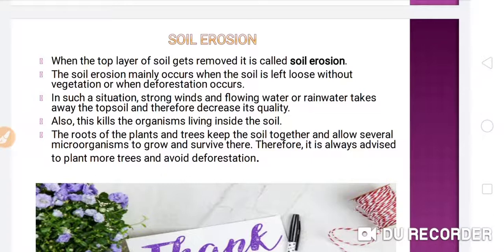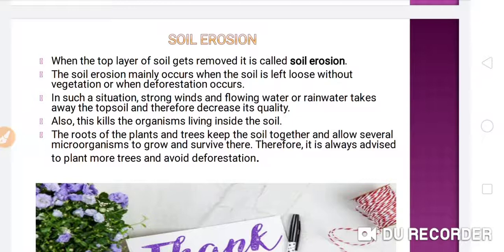In such a situation, strong winds and flowing water or rainwater take away the topsoil and therefore decrease its quality. Also, this kills the organisms living inside the soil.